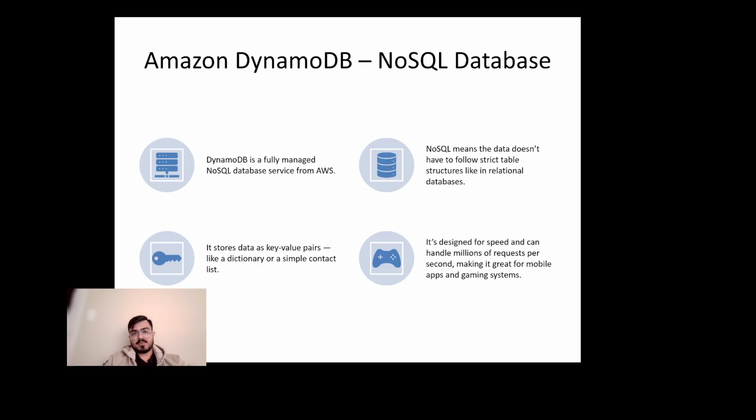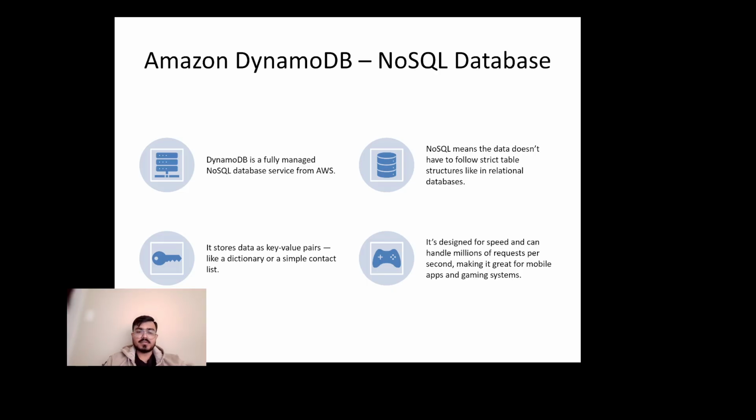So let's see Amazon DynamoDB, a NoSQL database. Now let's talk about the second service, Amazon DynamoDB. DynamoDB is a NoSQL database, which means it doesn't use rows and columns like RDS does. Instead, it stores key value pairs, kind of like a dictionary or a contact list.